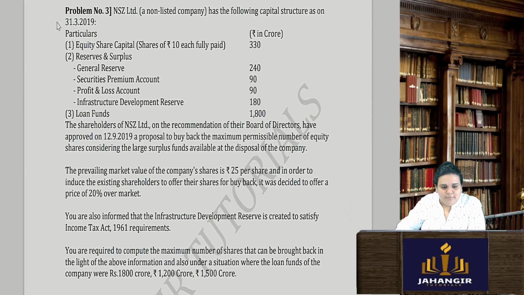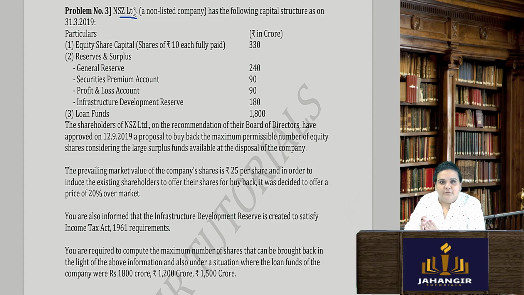This is problem number 3. We will finish this problem also, and this is an example. There are 3 situations in this sum itself. See this. NSZ Limited is a non-listed company. They have the following capital structure. They have equity share capital of ₹10 each, fully paid up. The amount is in crores, so do not get confused.